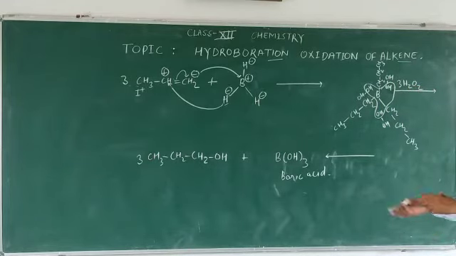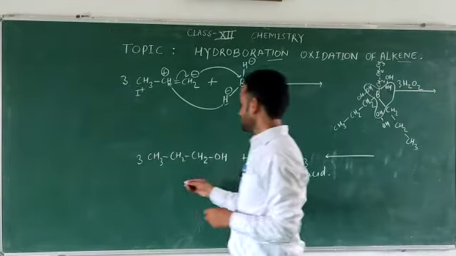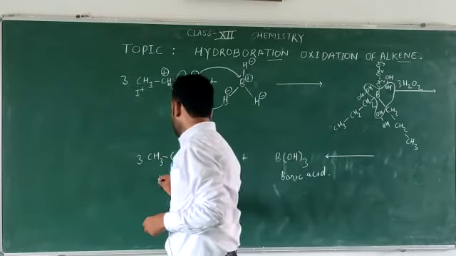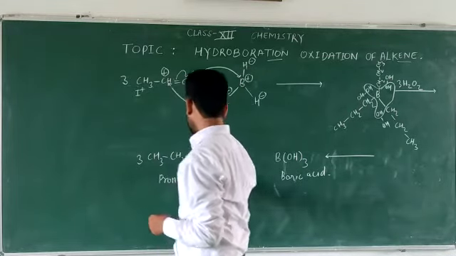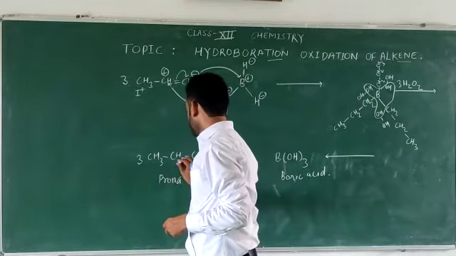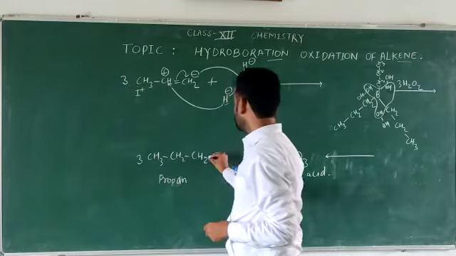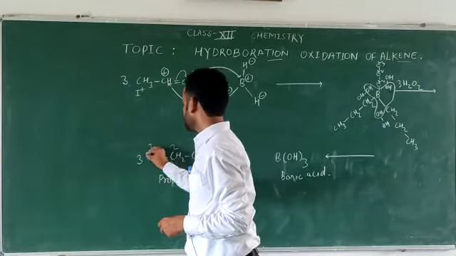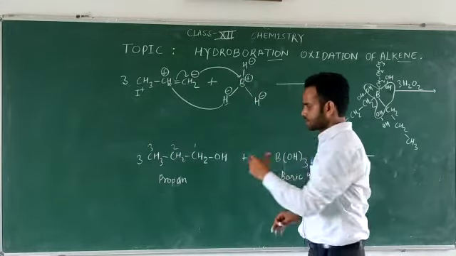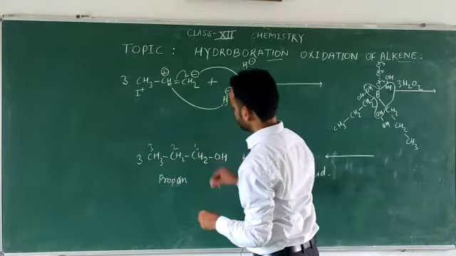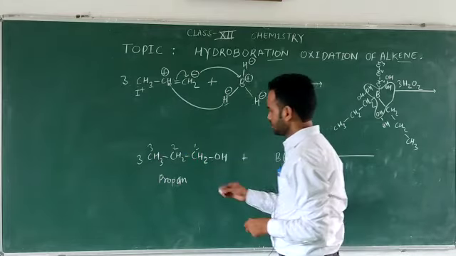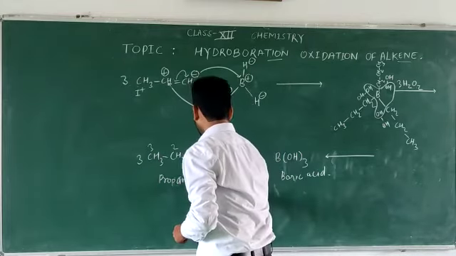So this will be the product. This is propane, with single bonds. Because we number like this, 1 2 3, at the first carbon the OH group is here, so it would be propan-1-ol.